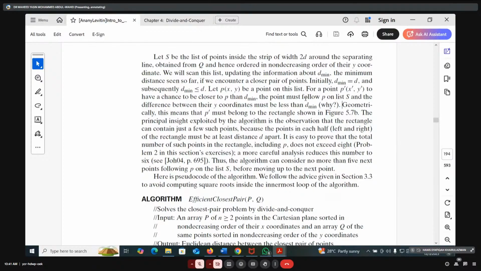The point must follow p on the list S, and the difference between their y coordinates must be less than d min. Geometrically, this means that p' must belong to the rectangle shown in figure 5.7b.